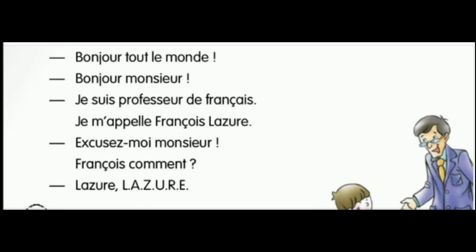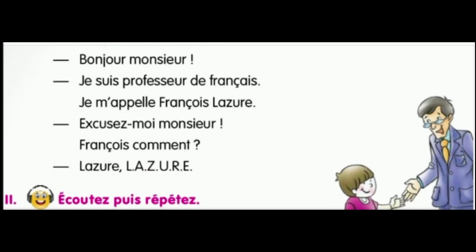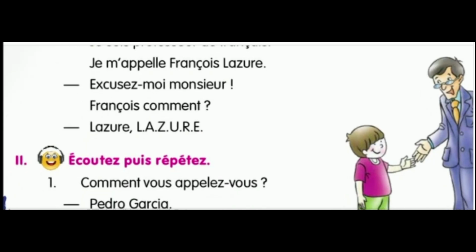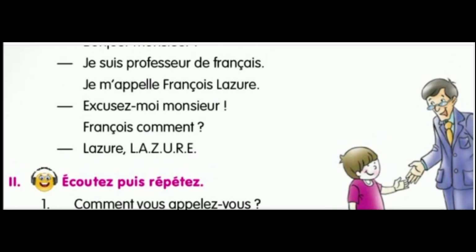Je m'appelle François Lejour. I am François Lejour. Excusez-moi, monsieur. François comment? Excuse me, sir. After François, what is it? It is Lejour. Now we have the capital letters, which is the spelling of Lejour. Now we'll read it in French pronunciation.